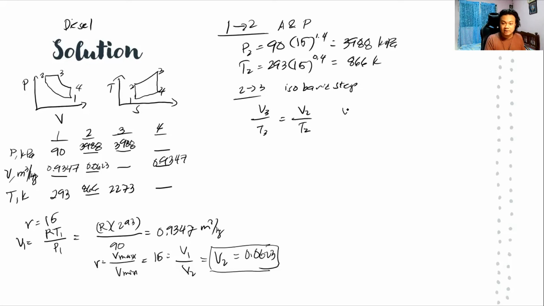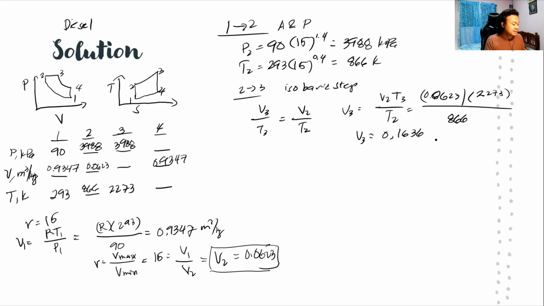So V3 is actually V2 times T3 over T2. So let's substitute 0.0623 times 2273 over 866. Okay, so V3 is equal to 0.1636 cubic meters per kilogram. So let's write that here, 0.1636.